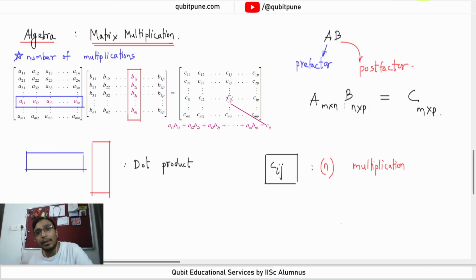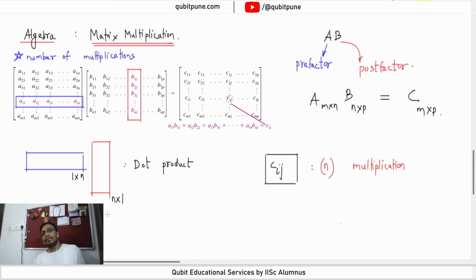Which means every column of B is going to have n elements in it. Do you agree? So it's basically a dot product of a vector of size n with another vector of size n.